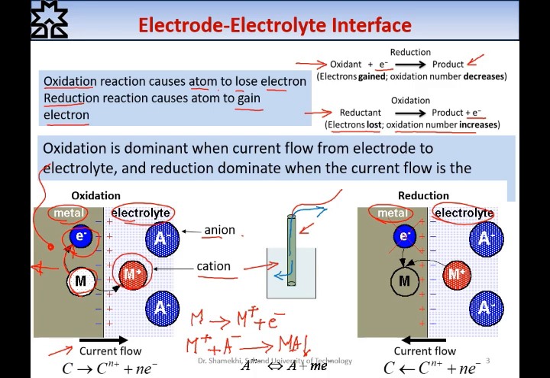And if the current flow is from the electrolyte to the metal, to the electrode, it means that the direction of the electron is from the metal to electrolyte. Therefore, we need to gain electrons.